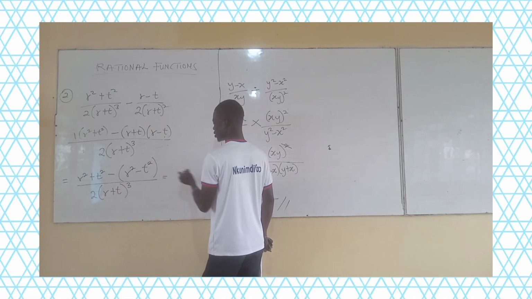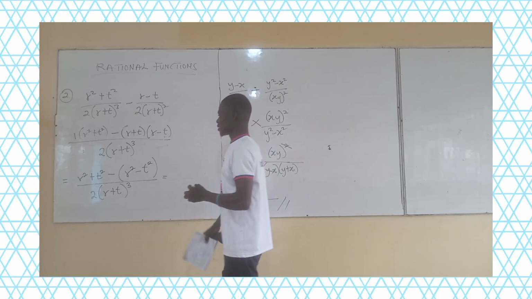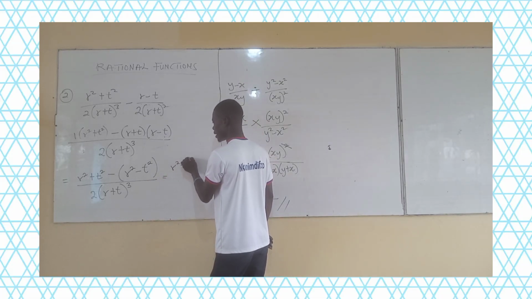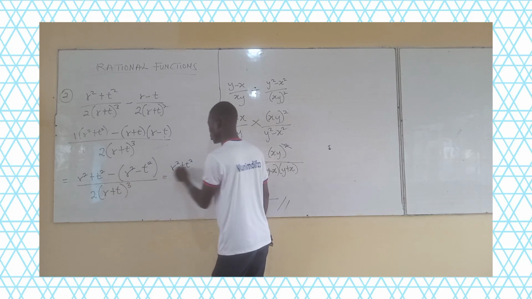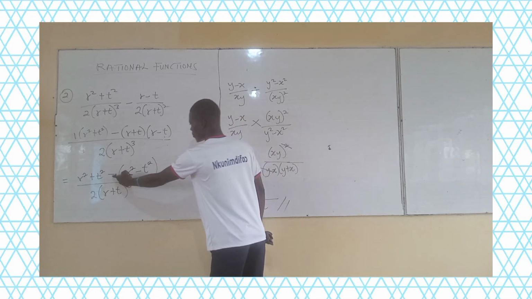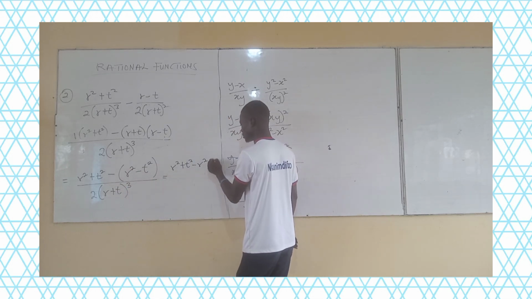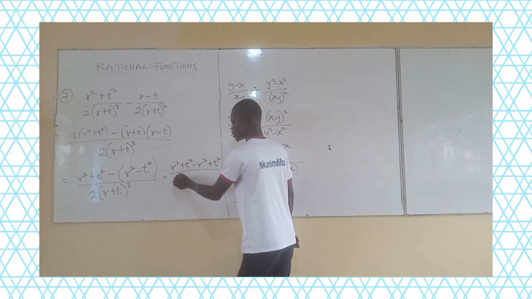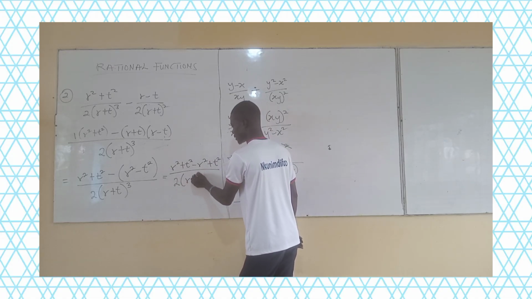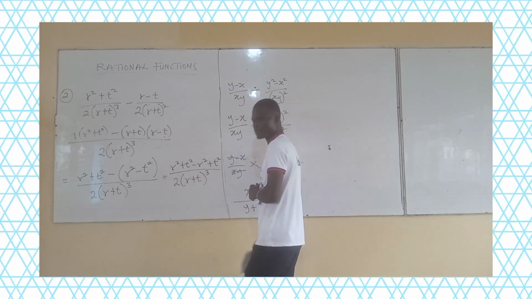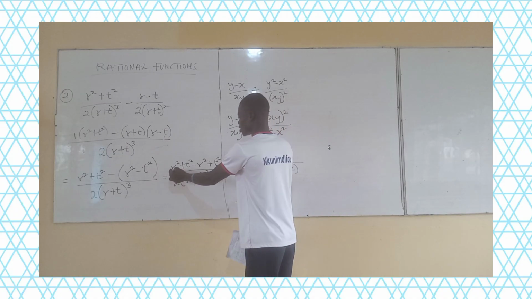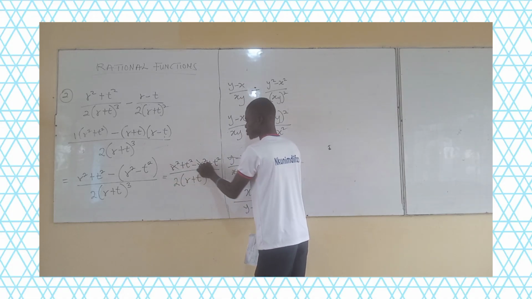So which is equal to, we have our r squared plus t squared minus r squared, minus by minus is plus t squared, all over 2 bracket r plus t all over t. And on this note, r squared minus r squared is 0.